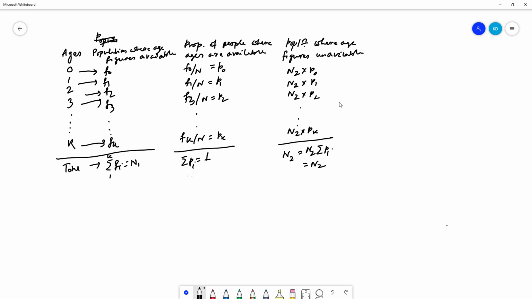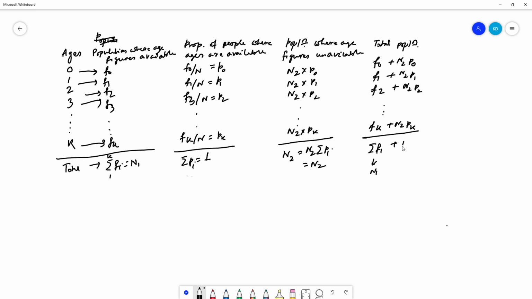Now the total population, then you see that this is fi, this should be N1, and this is N2, hence this sum gives the total population.